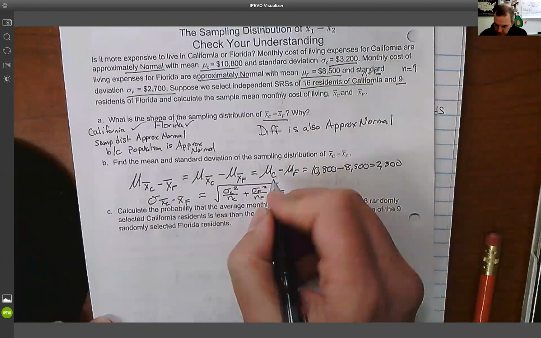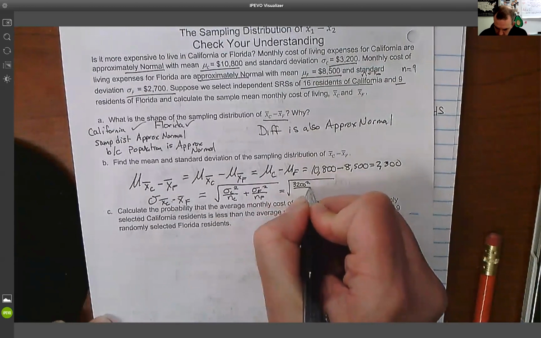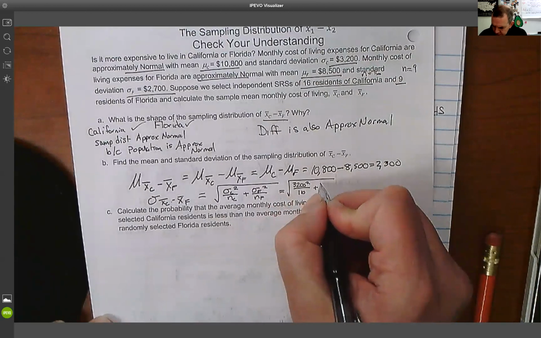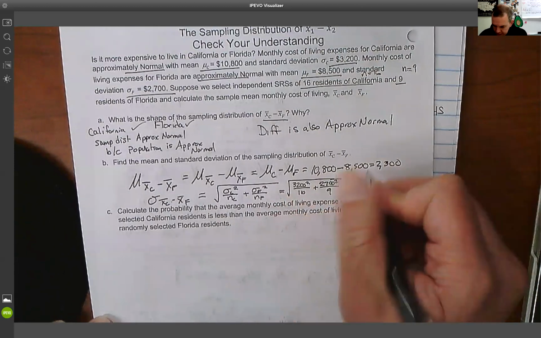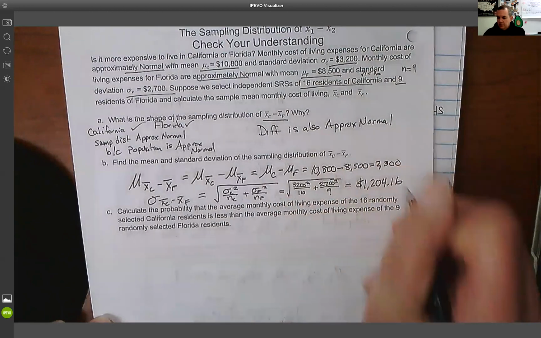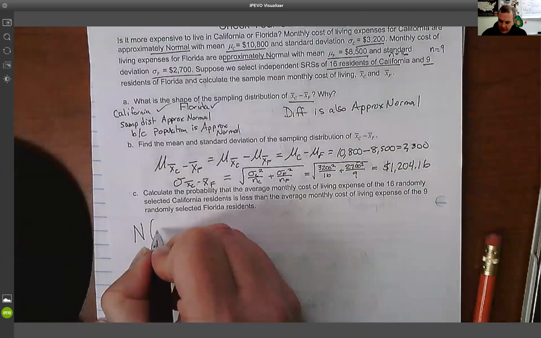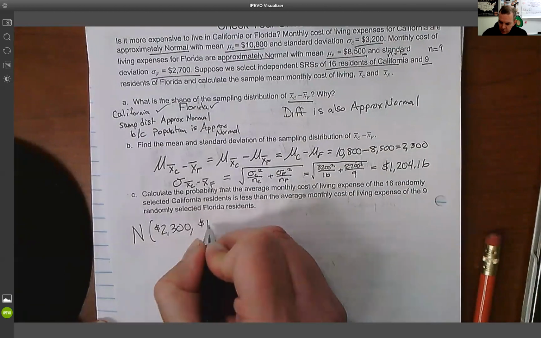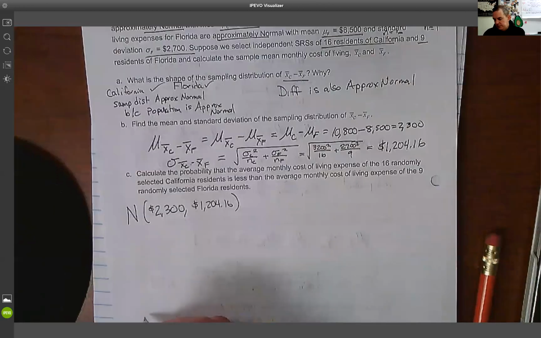So when I plug in those numbers, it's 3,200 squared over 16 plus 2,700 squared over 9. When I calculate this, I get $1,204.16. So what that tells me is that the difference is normally distributed, centered at $2,300, with a standard deviation of $1,204.16.